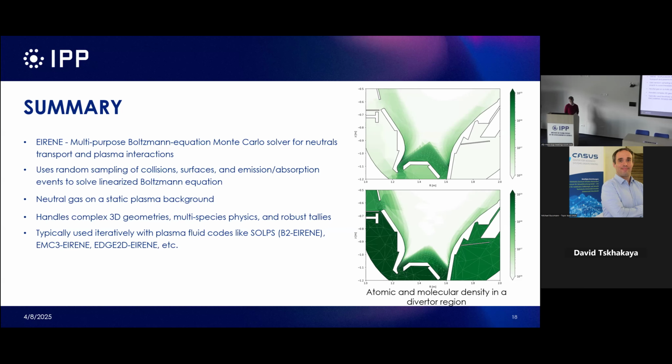So EIRENE, DIVGAS, and many codes which are coupled with fluid plasma codes need interaction with fluid plasma, assuming that fluid plasma particles are Maxwell distributed. Otherwise, you cannot apply the fluid approach. So they need rate coefficients. So the requirement is more or less common.